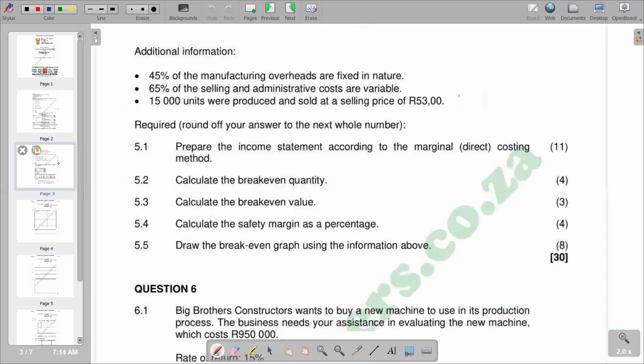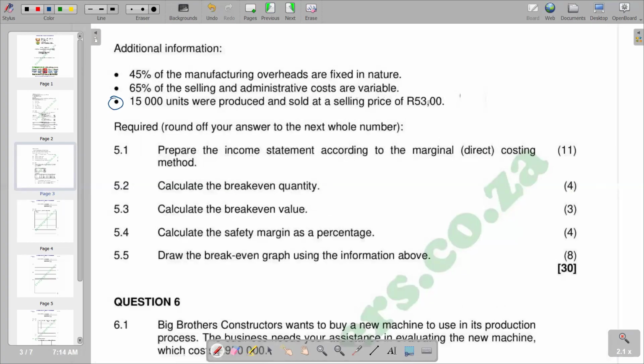If you go to additional information, the last point, we are told that 15,000 units were produced and sold at a selling price of 53 rands. So obviously, to get the total sales, we are going to say 15,000 multiplied by 53 rands per unit. Then we get the total sales.